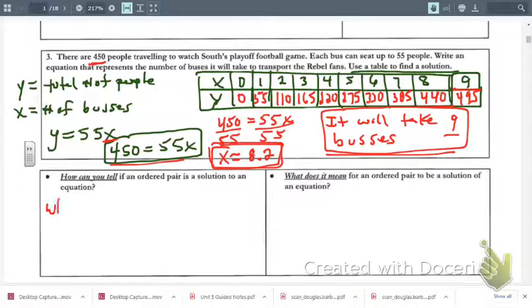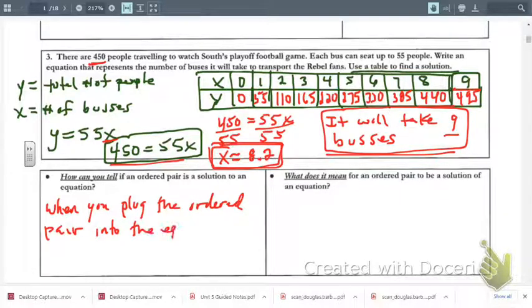So when you plug the ordered pair into the equation, it makes the equation true.